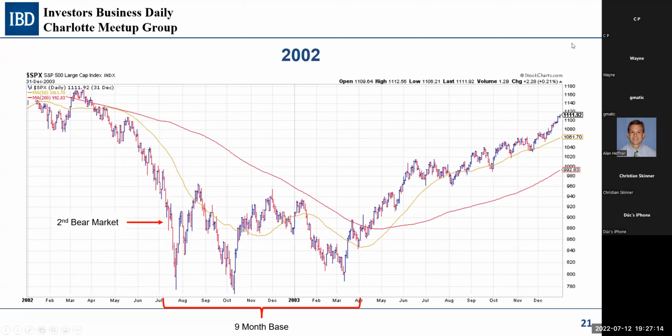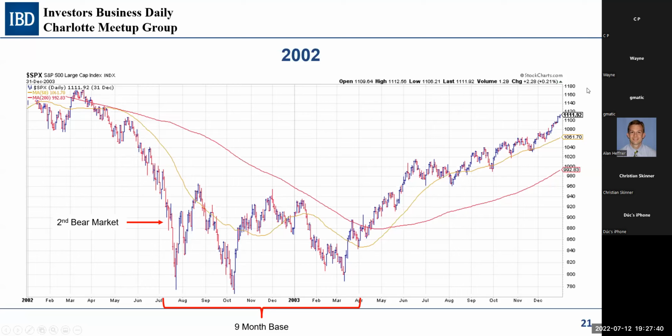But again, we think you sell the bounce, particularly in technology stocks. This analog looks eerily similar to what we might expect, particularly if there's a bad CPI number. Well, it doesn't really matter what the number is. We know it's going to be over 8%, but it's how the market's going to view that number. But it's consistent with having a leg down, getting a reflex rally, and then a retest.